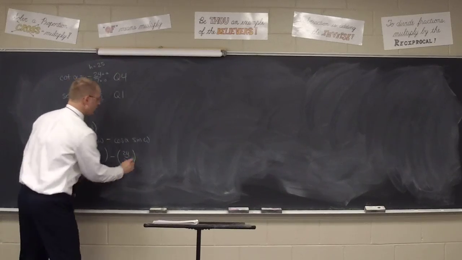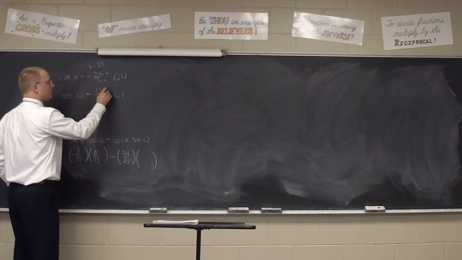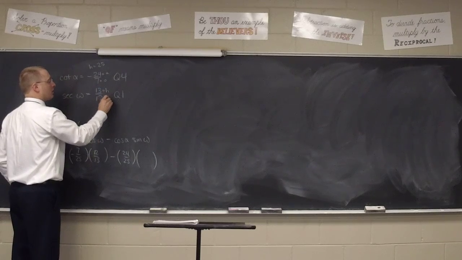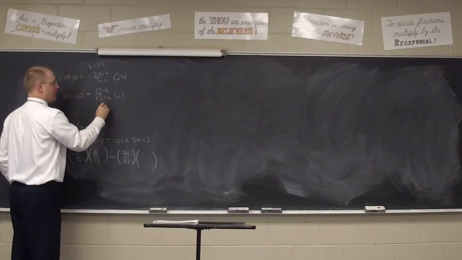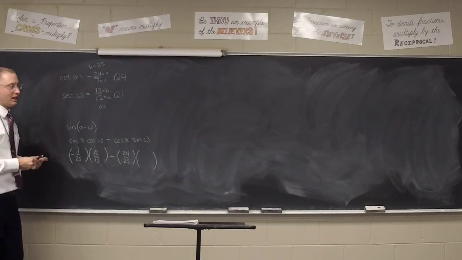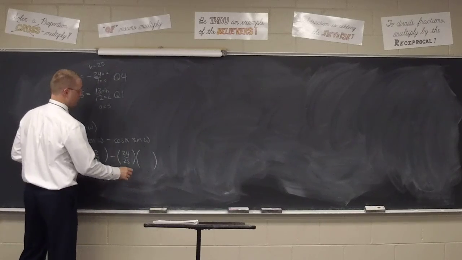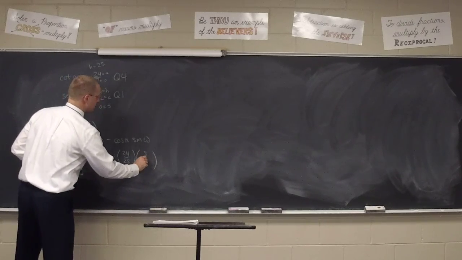And I need the sine of omega. Secant is hypotenuse over adjacent, so I'm missing the opposite, which is also an integer: 5. So the sine is 5 over 13, and in quadrant 1 everything's positive.